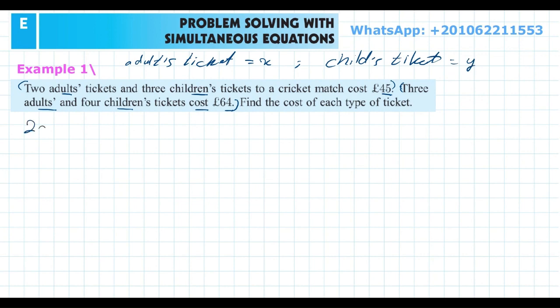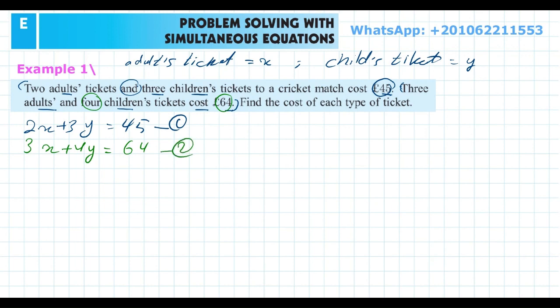We have 2x and 3y equals 45. This is the first equation. What about the second? We have 3x and 4y equals 64. Okay, this is the second equation.